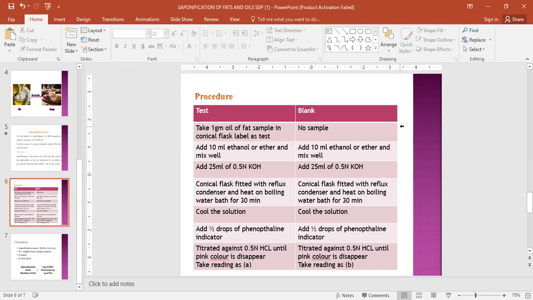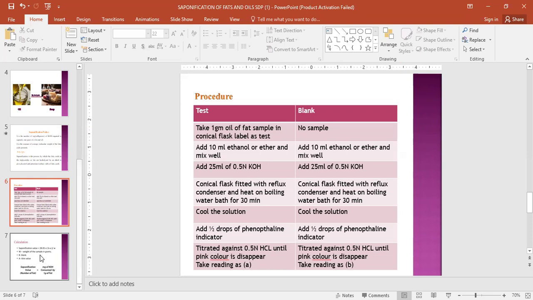Always B has a higher reading than A, because in the blank solution there is no sample. So the 25 ml of KOH is all present as excess, and HCl is required to neutralize that whole 25 ml of KOH present in the blank solution.